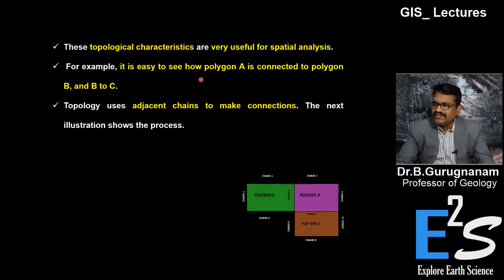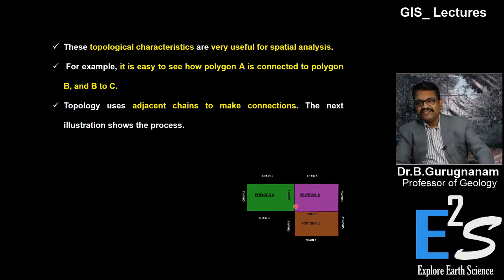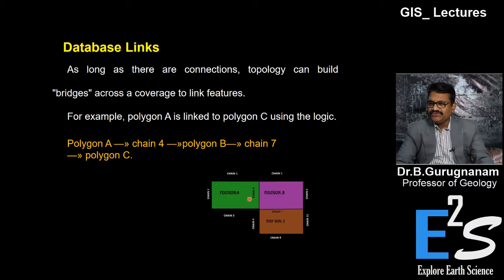It is easy to see how polygon A is connected to polygon B and polygon B to polygon C. Topology uses adjacent chains to make connections. This is the adjacent chain between A and B. This connection establishes how polygon A is connected by chain 4, and how polygon B is connected by chain 7 to C. This is the relation, and this relation is established here, and this is called a database link.